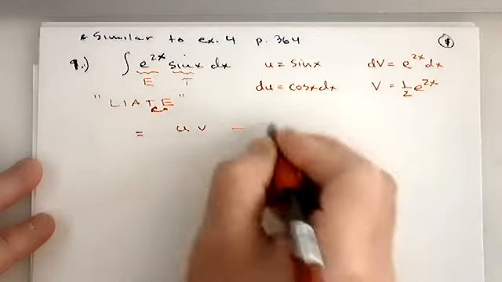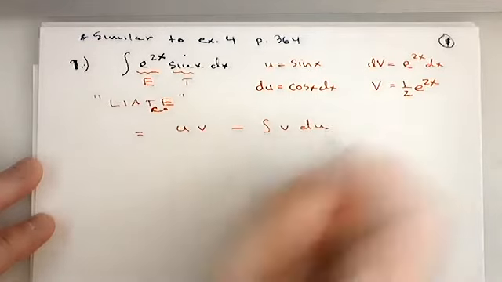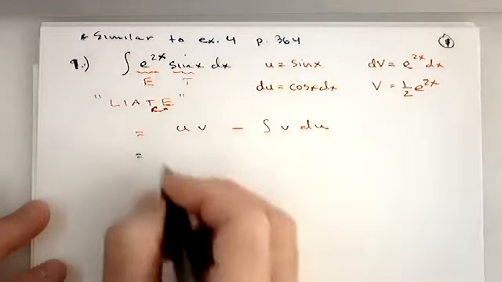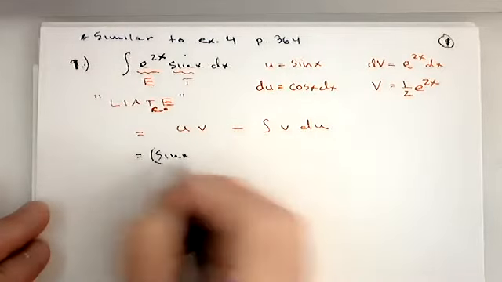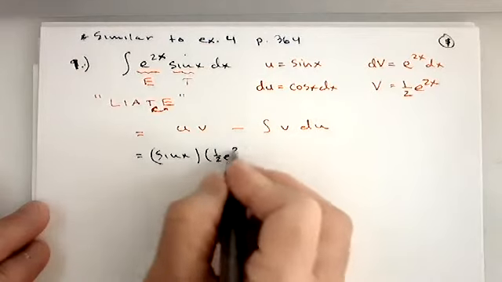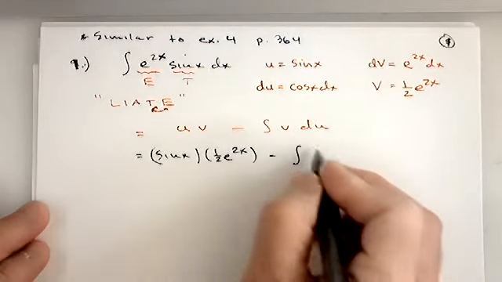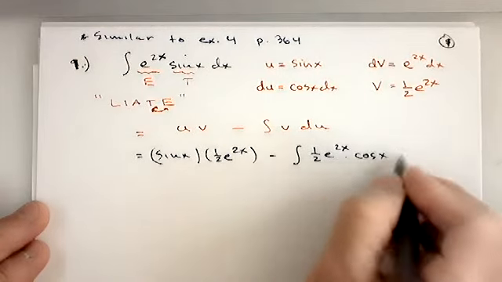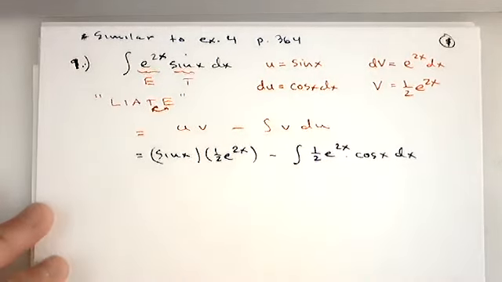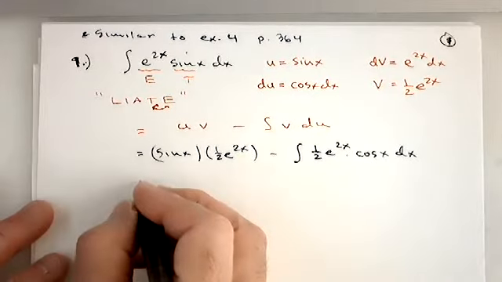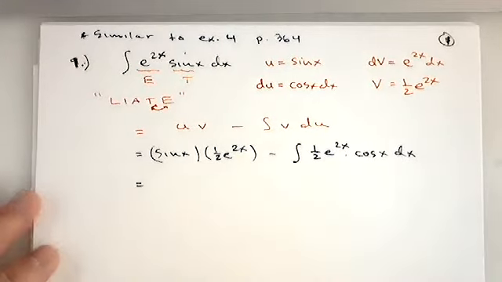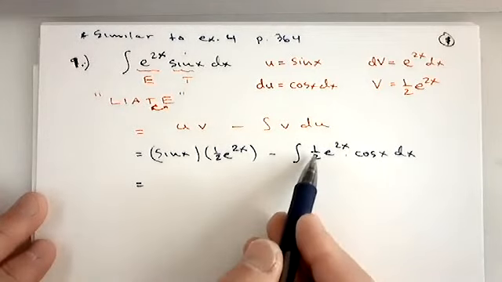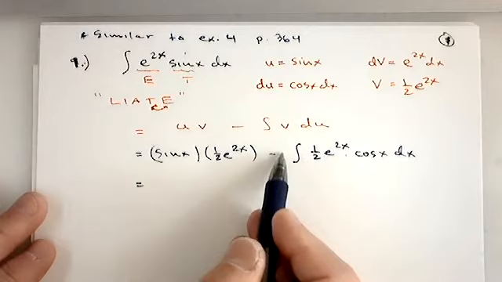uv minus the integral of v du, which is, okay, now I could leave this, I could factor this constant out if I want to.